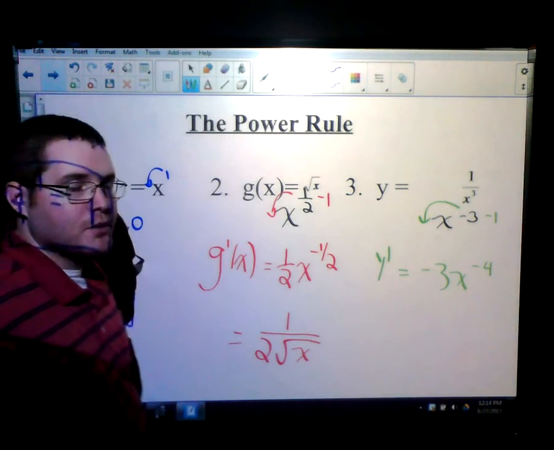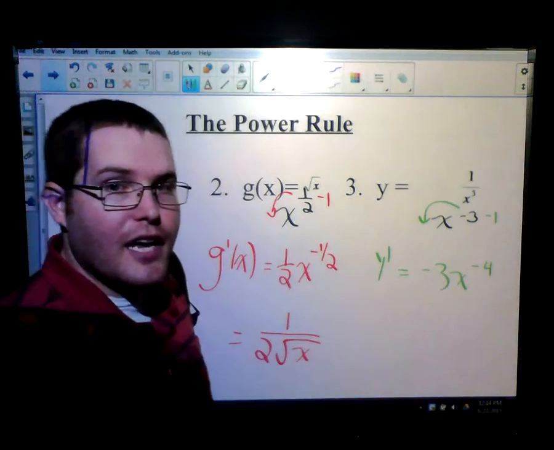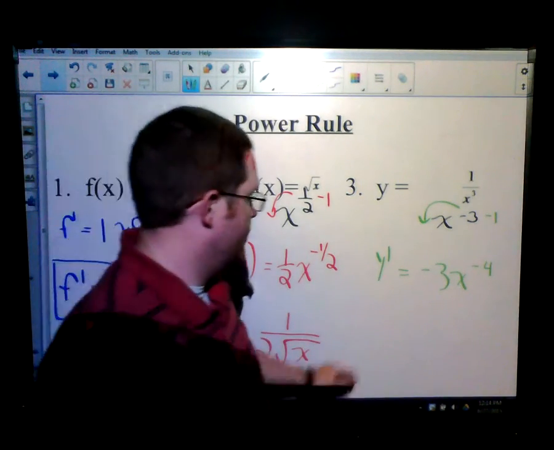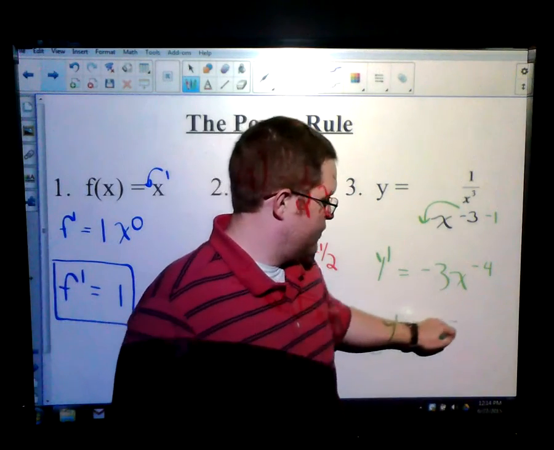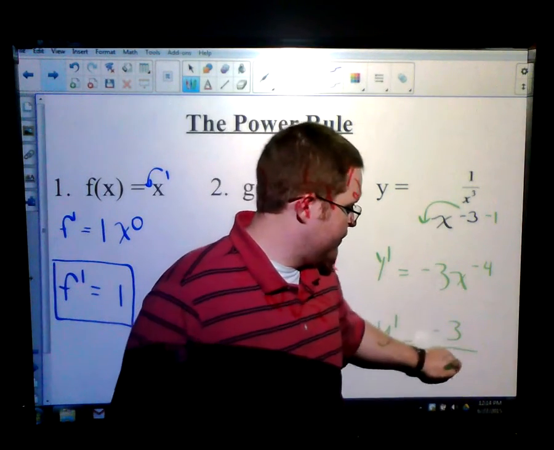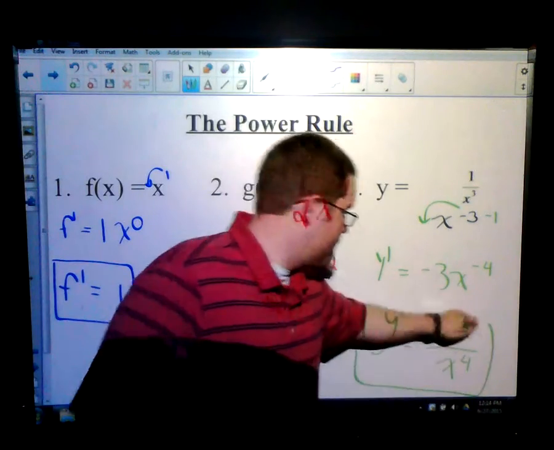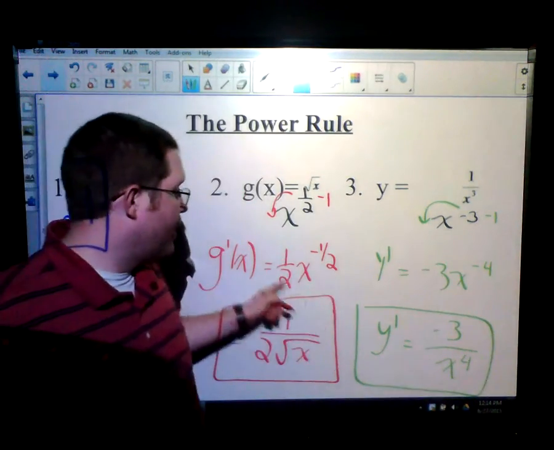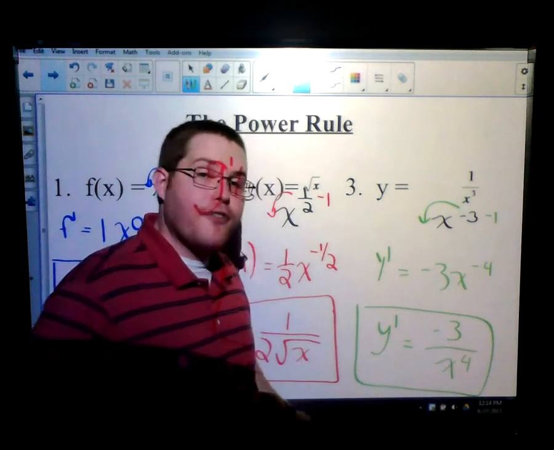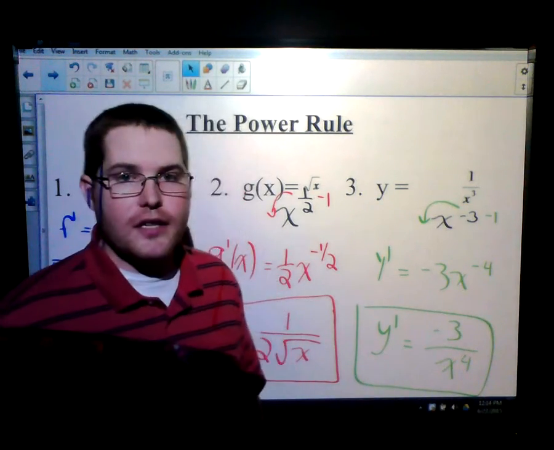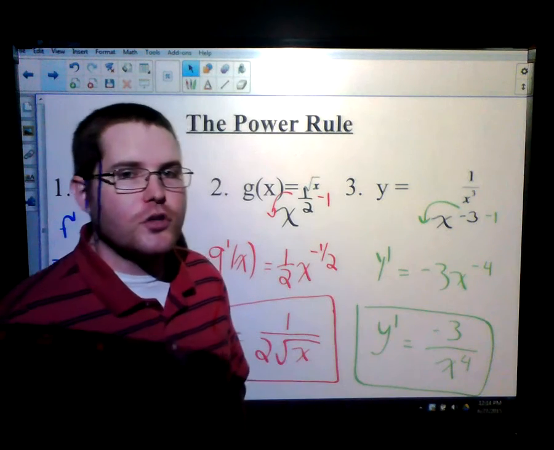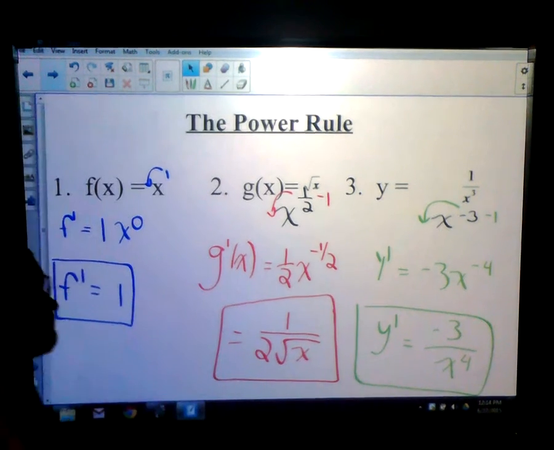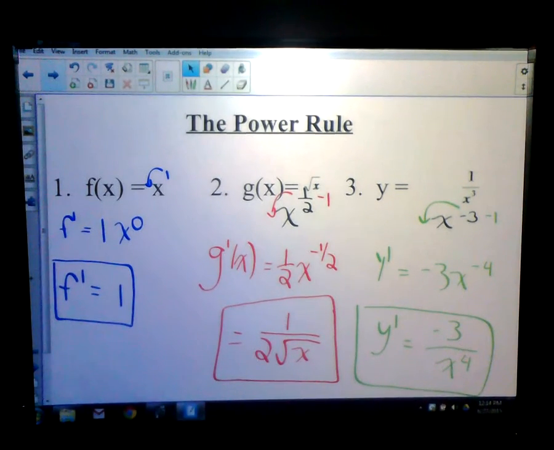Again, that's a fine answer, but you won't see that on a multiple choice test. And half of your tests are multiple choice. What will you see? You'll see negative 3 over x to the 4th. Okay? The first answer is fine. That answer and that answer are both fine. They're correct. And if it's short answer, you're done. But know that on a multiple choice test, they won't leave it like that. Power rule. Turn everything into a power that you can.